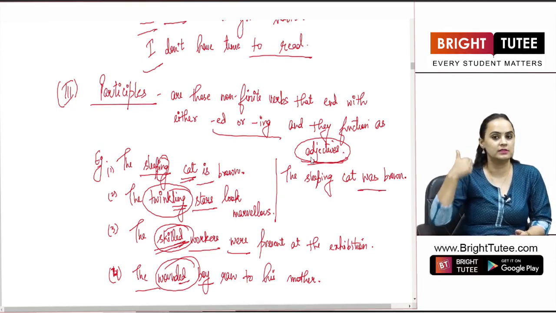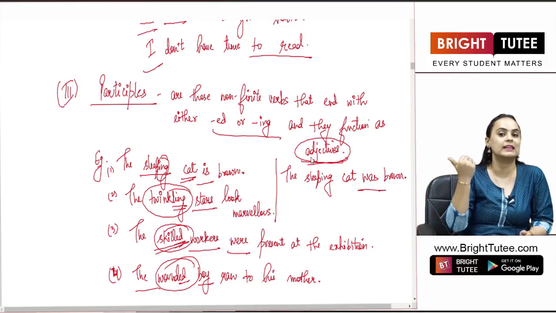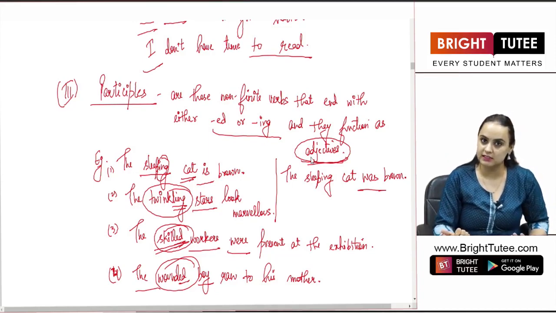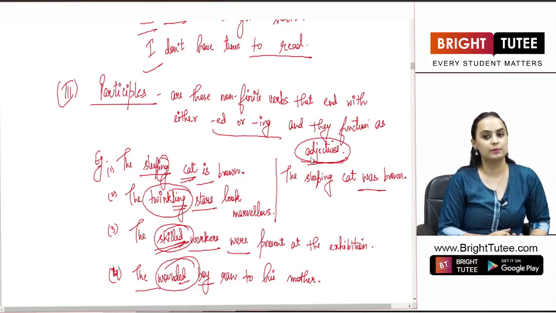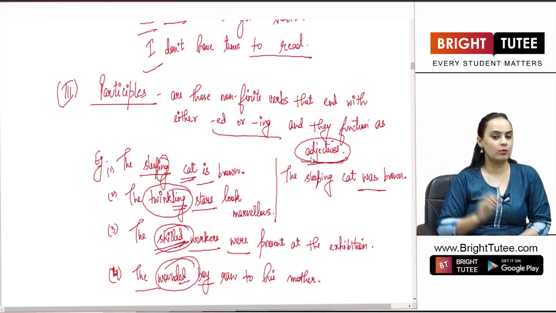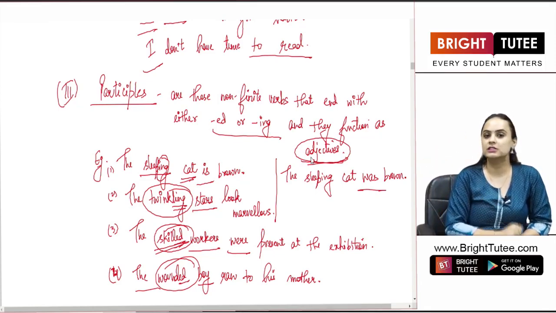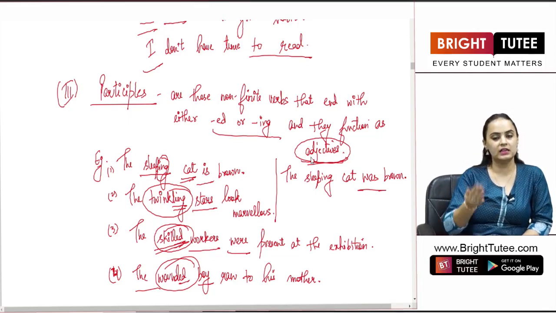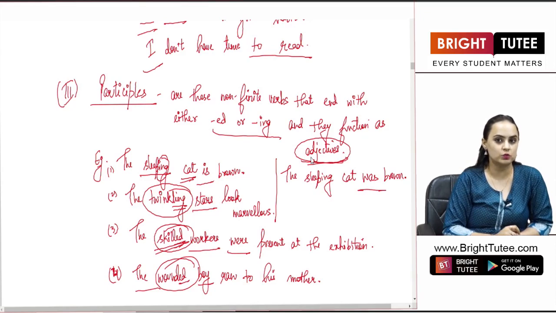We have gerunds, those verbs which end with ing and act as a noun in the sentence. Second type of non-finite verbs were infinitives. What are infinitives? To plus the first form of the verb, and infinitives always act as adverbs in the sentence. Then the last type of non-finite verb were participles.